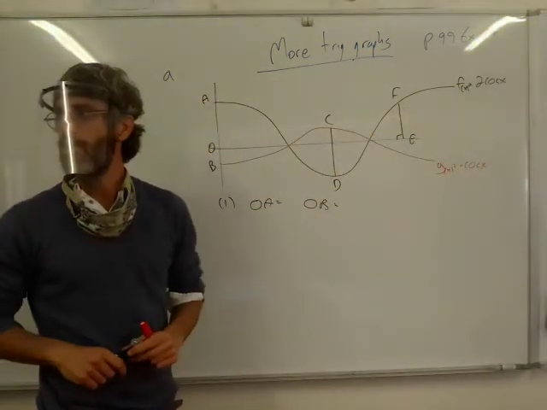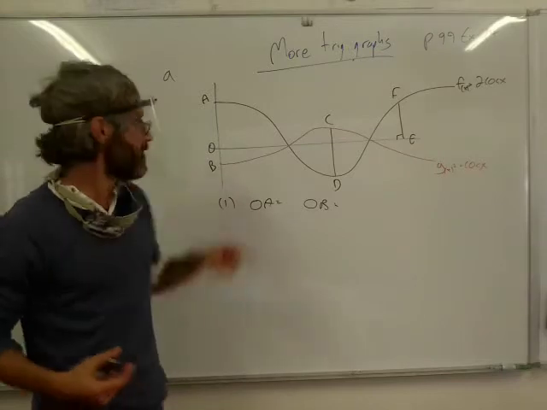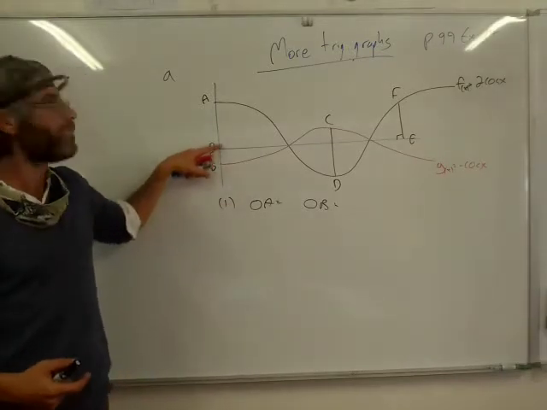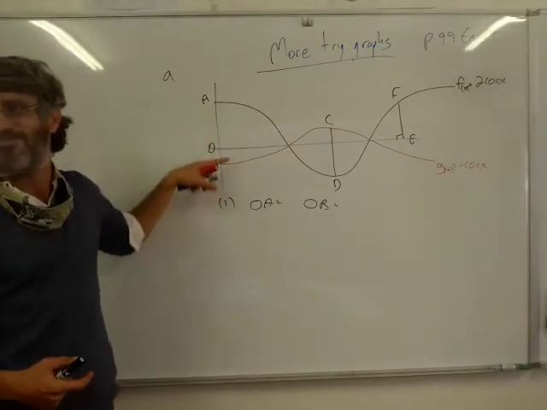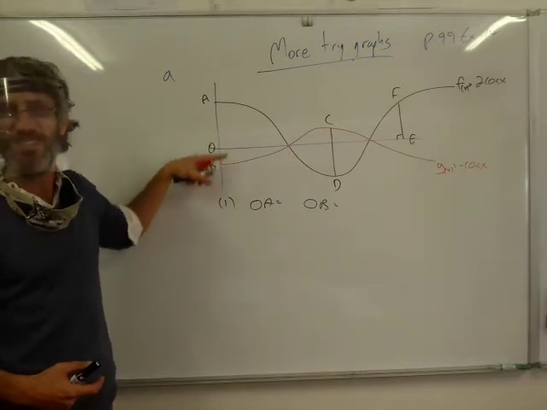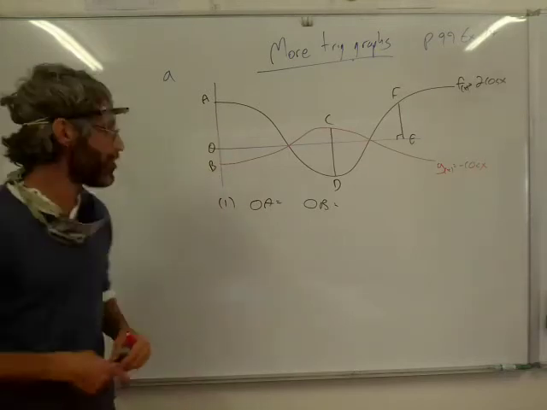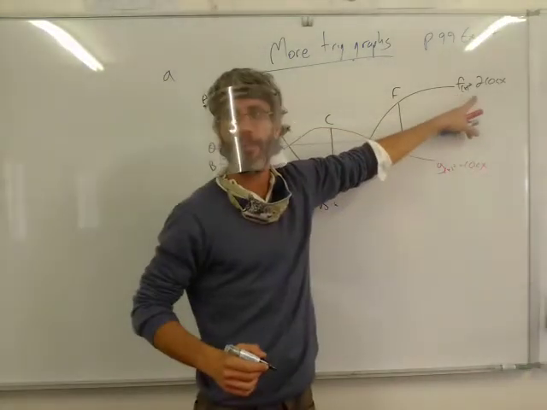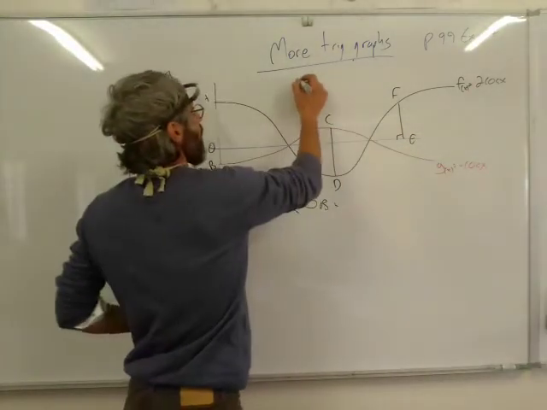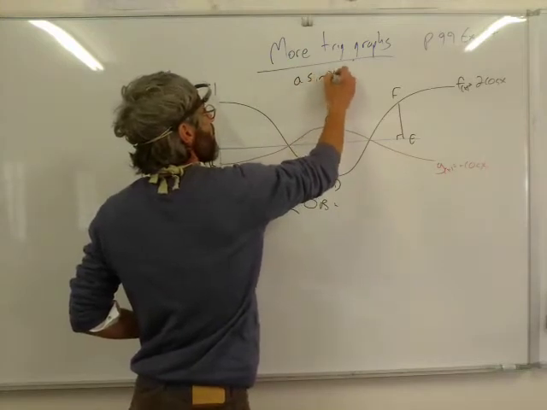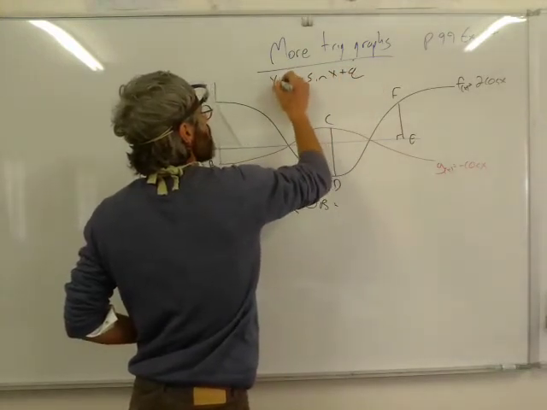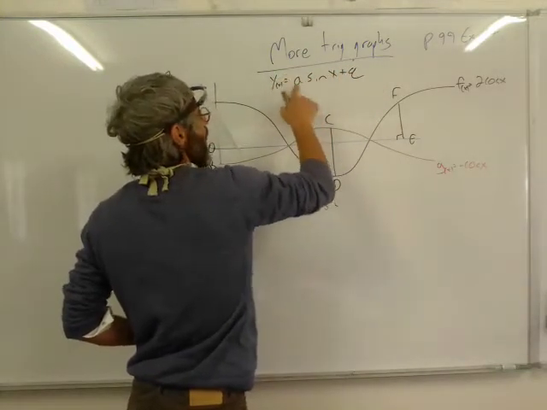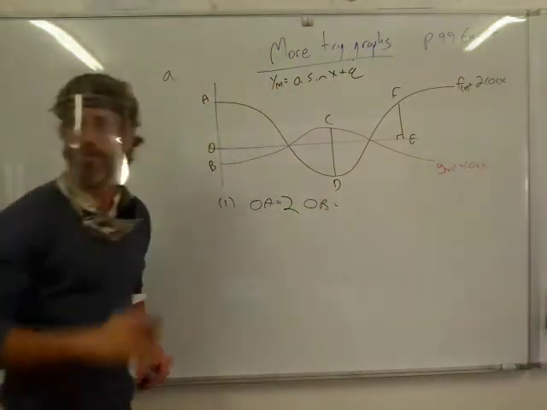OA is the amplitude, which is 2, because we know that's the amplitude. If we have a general equation like A sine x plus Q, the A is the amplitude, Q is the vertical shift.